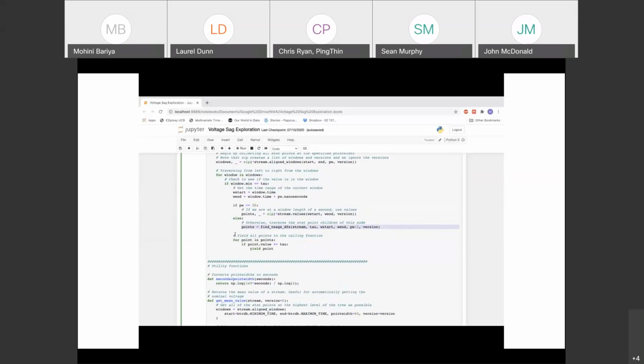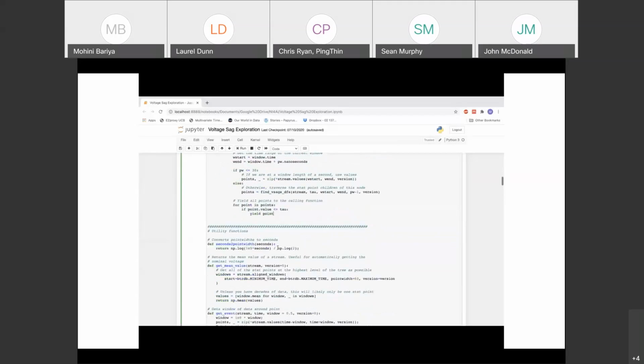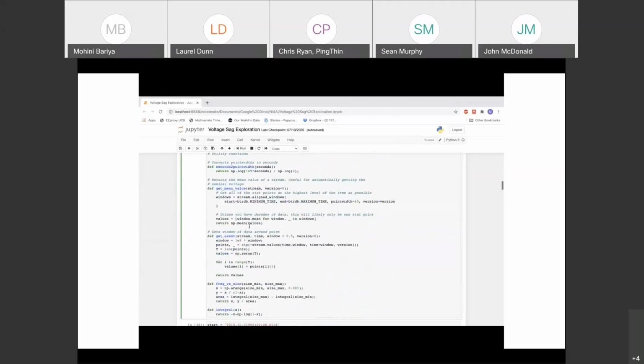What this function ultimately returns is a generator or an iterator of these raw sag points. So every point returned by this function meets my criteria of being below a certain threshold and corresponding to a voltage sag point. So that is the first part of my algorithm.